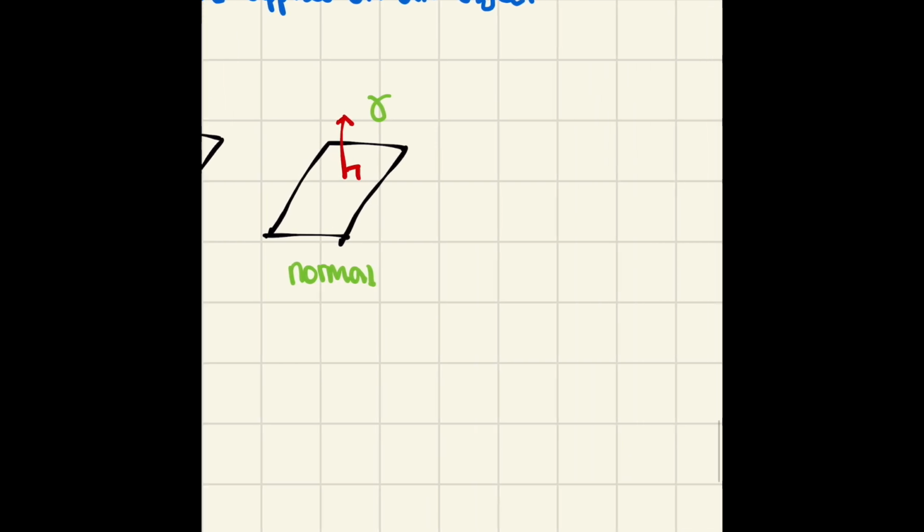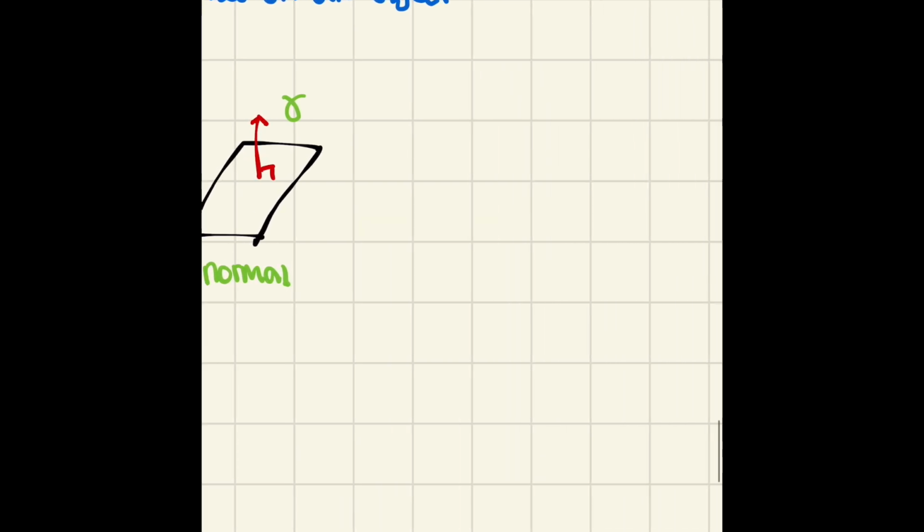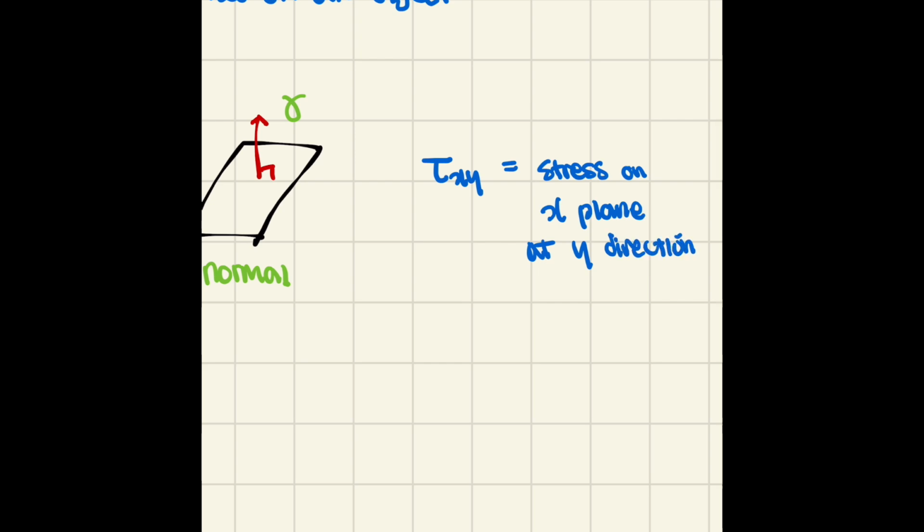Scientists and mathematicians have agreed to denote stresses in this way, where tau xy refers to the stress on the x-plane in the y direction. So this part refers to the plane of the particle, and this one right here is the direction of the stress.